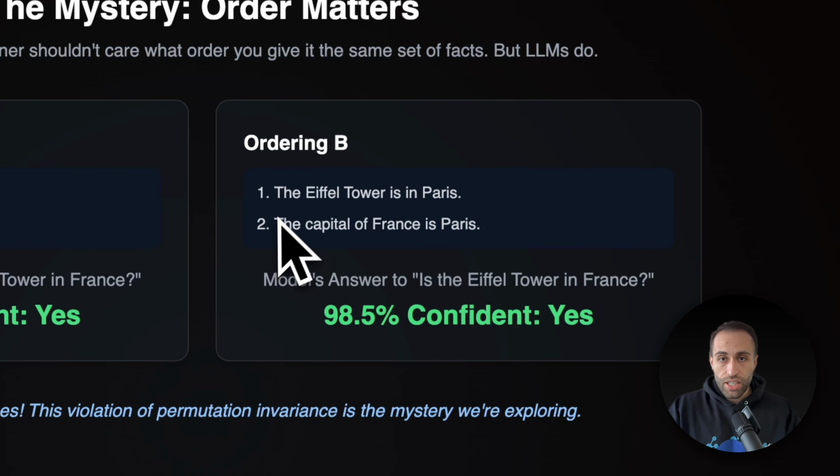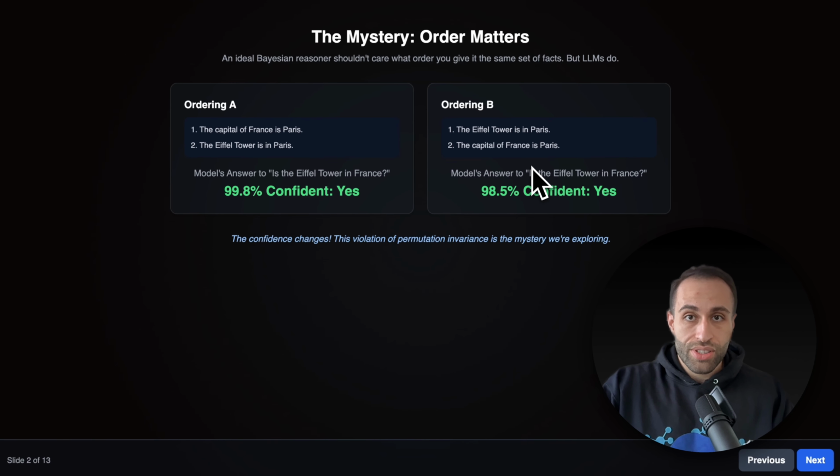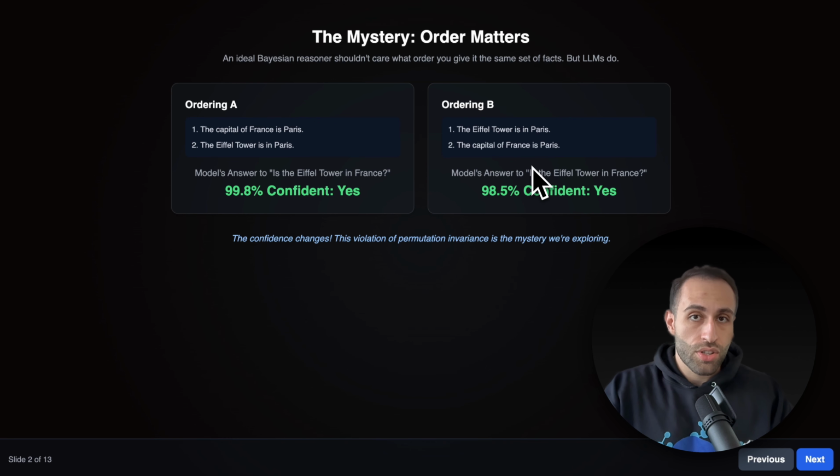But then on the right side, if I just flip the order of these contexts that I'm giving in the prompt and then ask the same question, although this time it's very simple, it's going to say yes again, but the confidence got slightly changed. So that means the order is important for individual samples when we try these language models, which can be a reason for hallucinations. But before we talk about solutions, let's start with just reasoning.